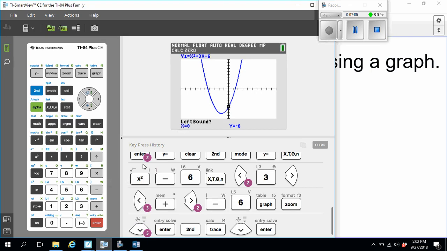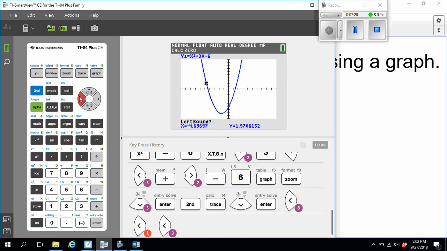Okay, going back to our graphing calculator, so see the blinking light? That's our cursor. Now you can only move the cursor using the right and left arrows. So what I need to do, because we're trying to find this x-intercept, is move the cursor somewhere above the x-axis, it does not matter where, because that's going to be the left-hand bound of our x-intercept. Okay, now once you've done that, make sure you press enter.